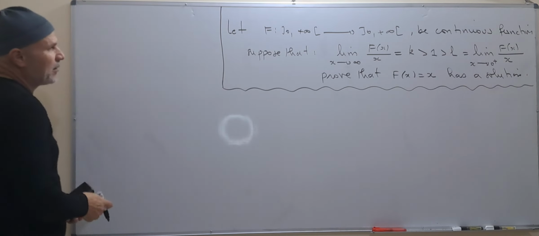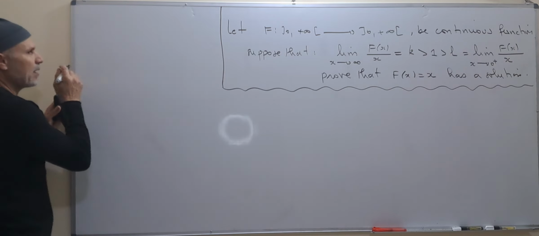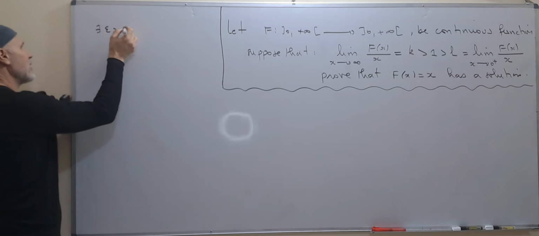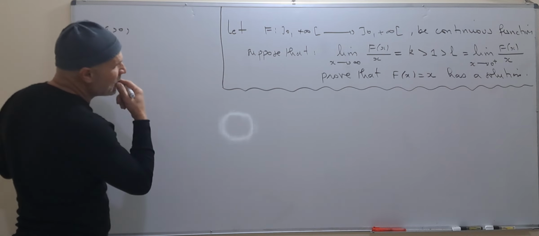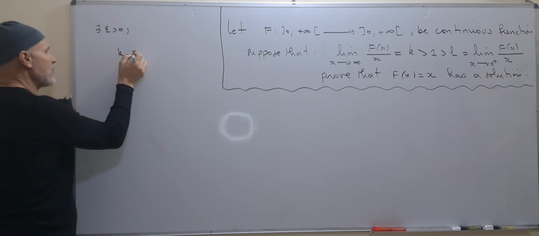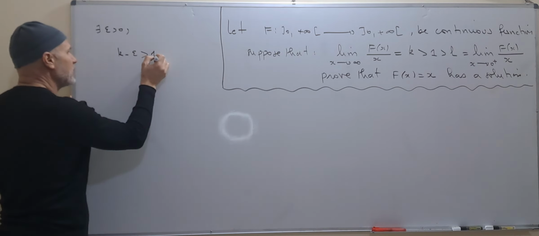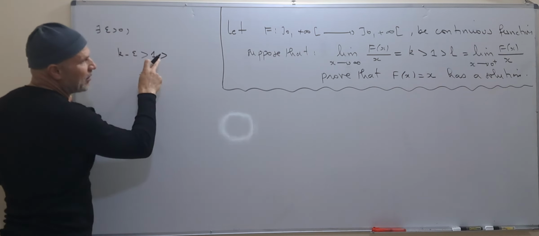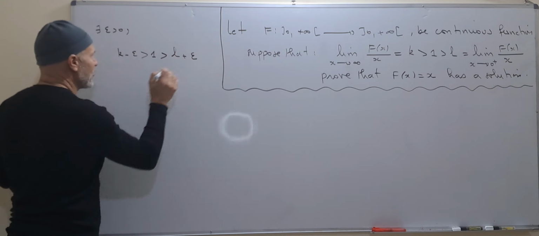Let us start by saying that there exists epsilon greater than 0 such that k minus epsilon is still greater than 1, and for the same epsilon, 1 remains greater than L plus epsilon.